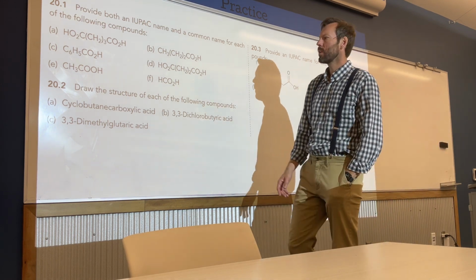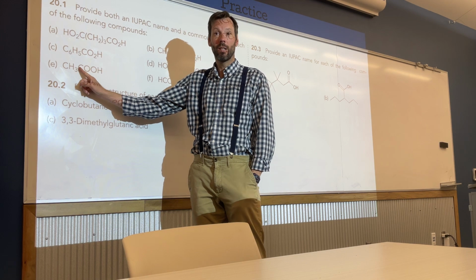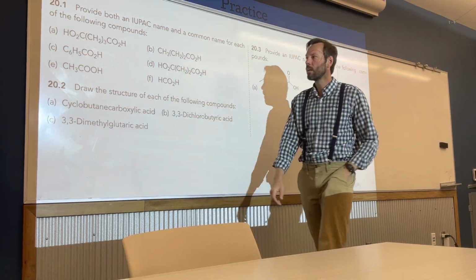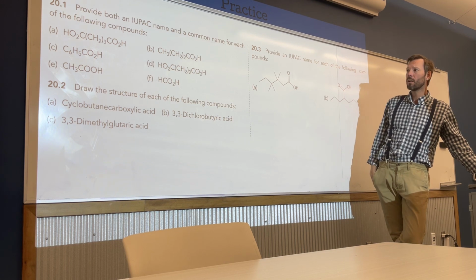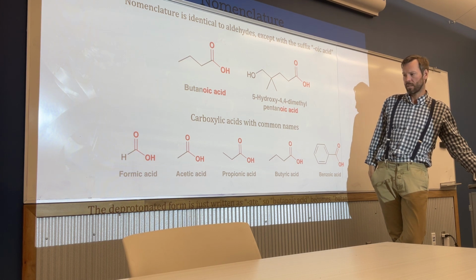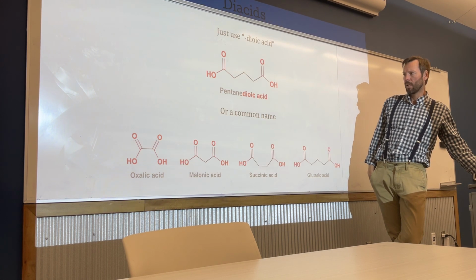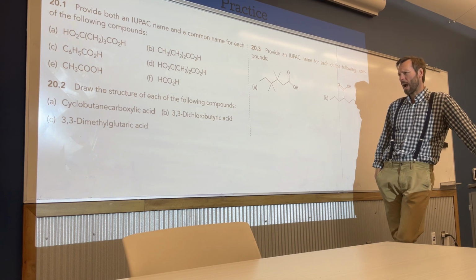E is going to be 1, 2, right? So we could call that ethanoic acid, or we could call it acetic acid. Acetic acid would be the common name, ethanoic acid the IUPAC.